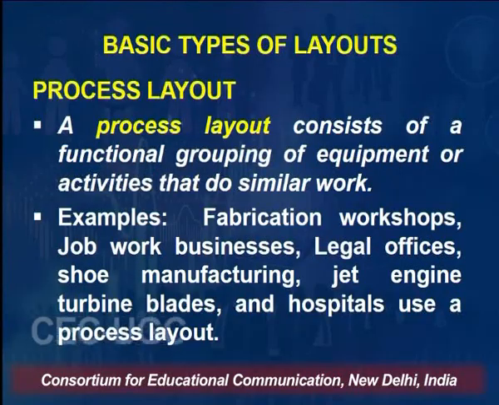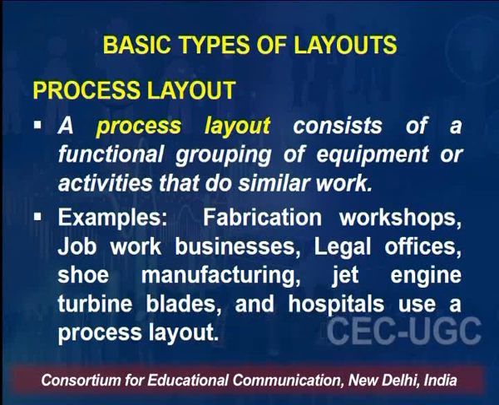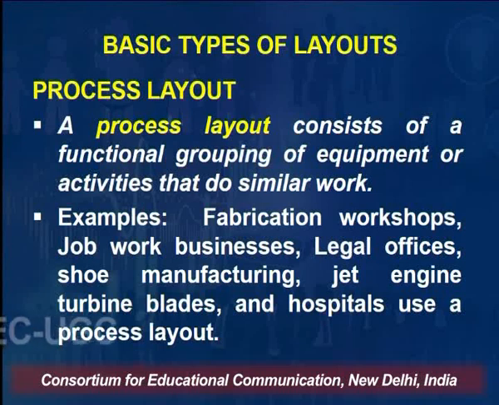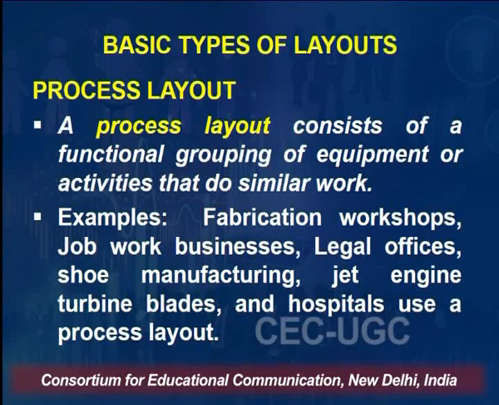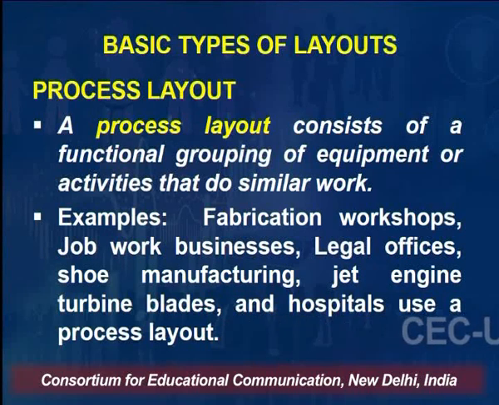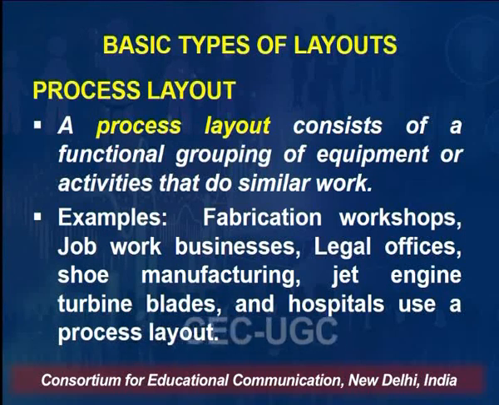So therefore, let us see the formal definition of process layout. A process layout consists of a functional grouping of equipment or activities that do similar work. Examples: fabrication workshops, job work businesses, legal offices, shoe manufacturing, jet engine, turbine blades, hospitals, they all use a process layout.